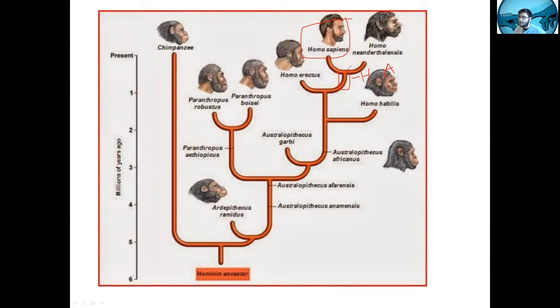Eventually, these two groups of HA became so different from each other that one of them became known as Homo sapiens, and the other became known as Homo neanderthalis, or Neanderthals, as we call them in simple terms.